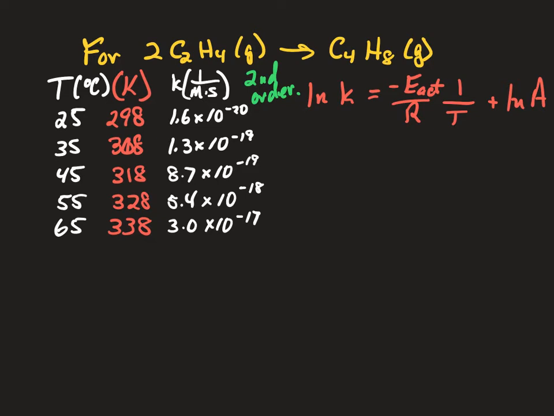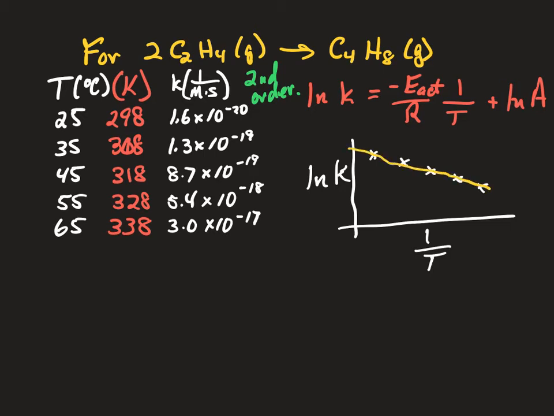You have to convert those to Kelvin, and then we will make a plot that shows, on the y-axis, the natural log of the rate constant, and on the x-axis, 1 over the temperature. And when we do that, we get a plot that looks something like this.